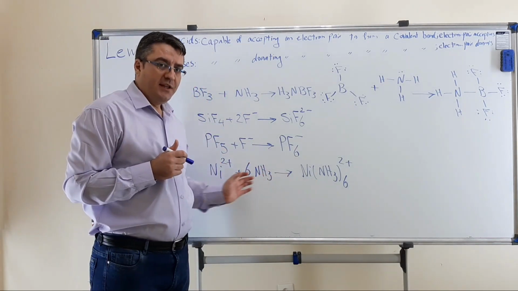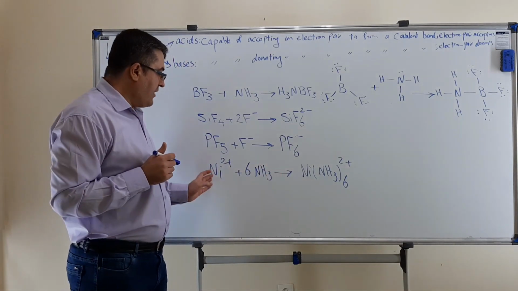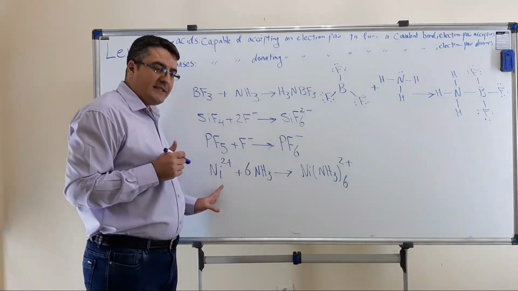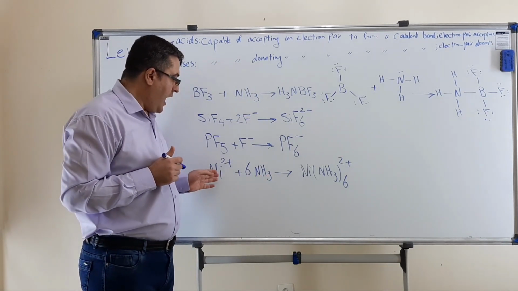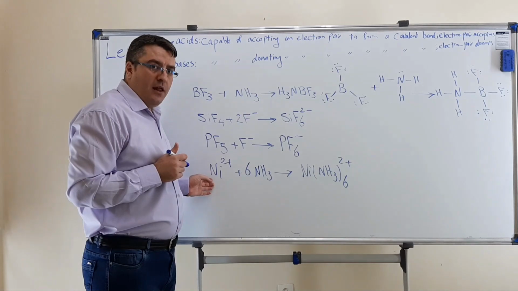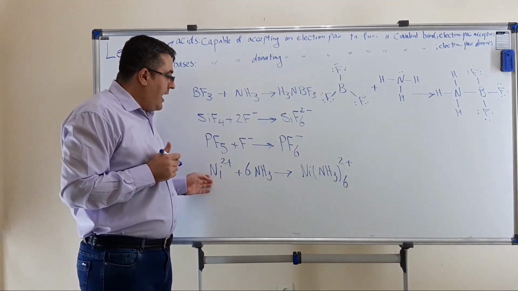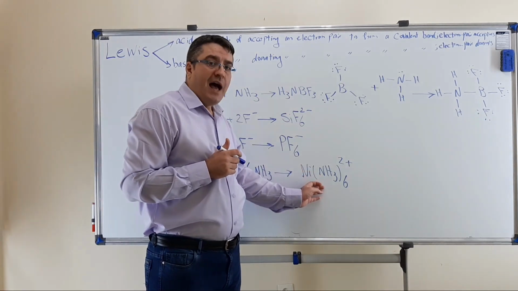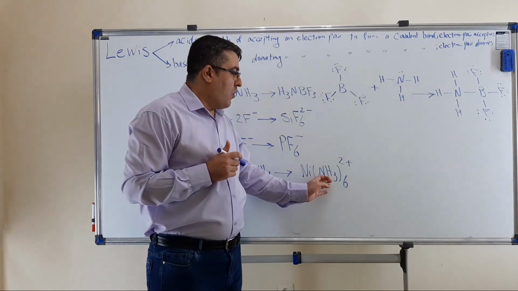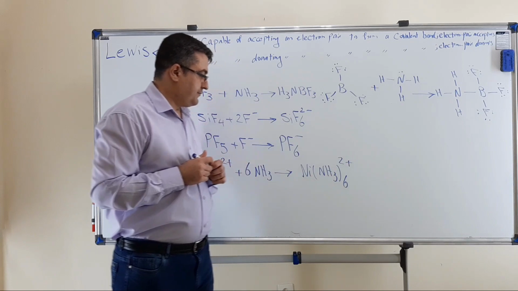Like this reaction, in this reaction, Ni2+ is a Lewis acid and ammonia molecules are Lewis bases. Like this reaction, Lewis acid-base concept plays a vital role in coordination entities and generally in coordination chemistry.